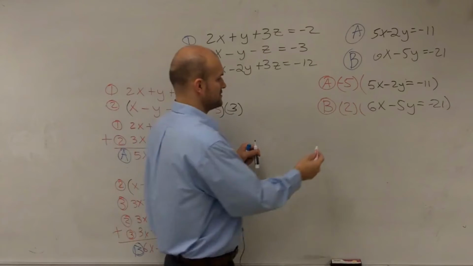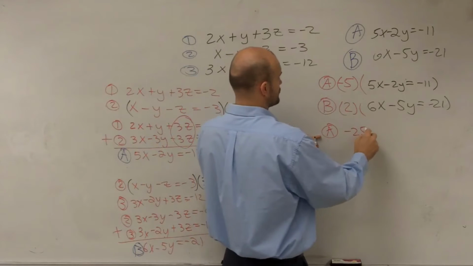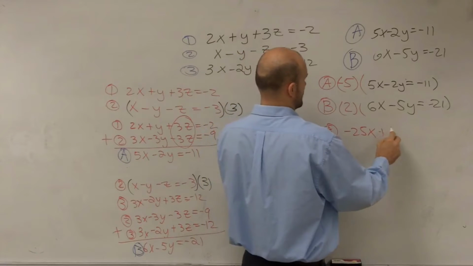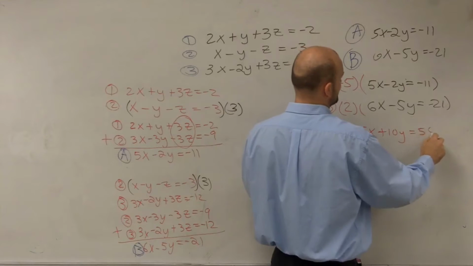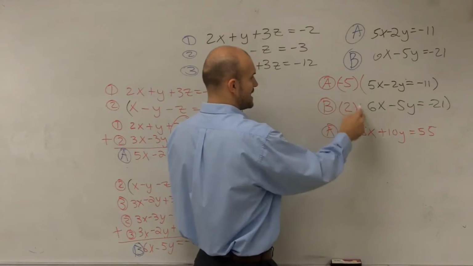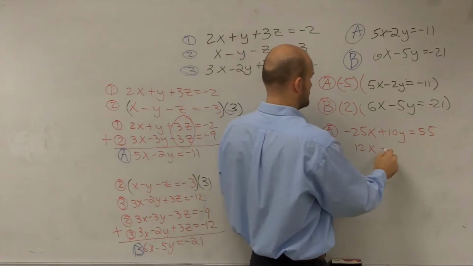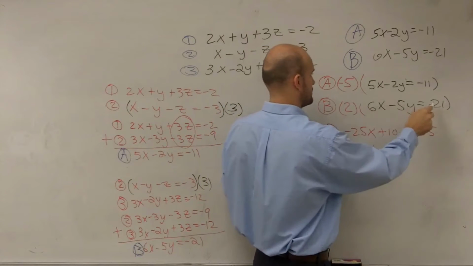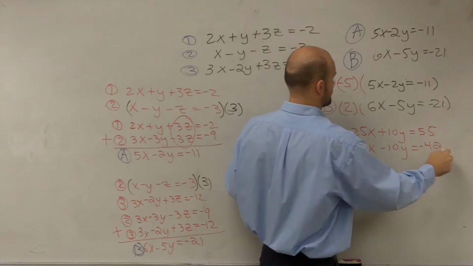Okay, so when I multiply those through, my new A is now going to be negative 25x plus 10y equals positive 55. And my new B is now going to be 12x minus 10y equals negative 42.